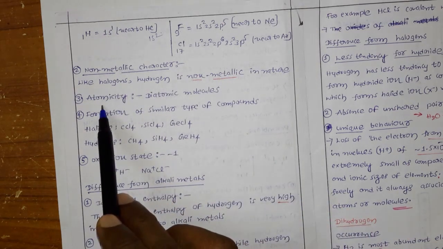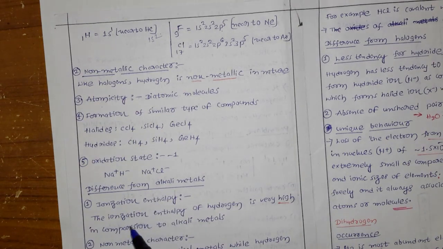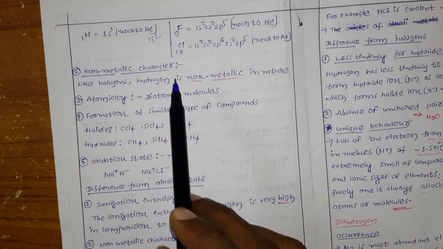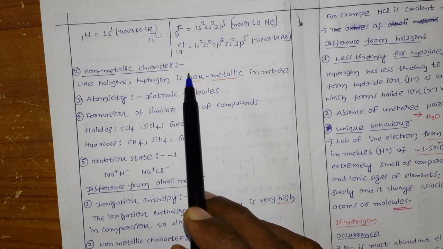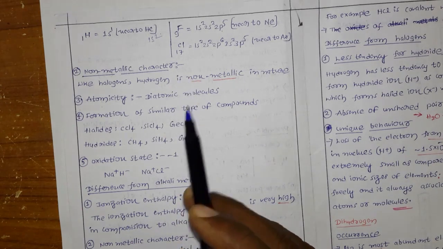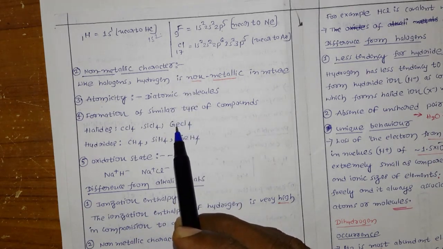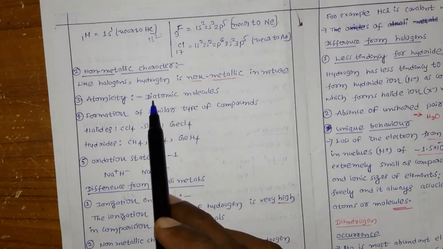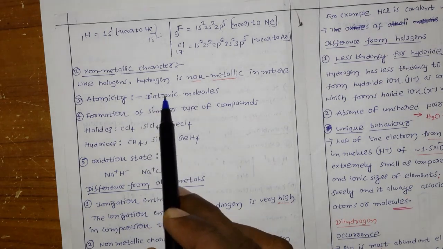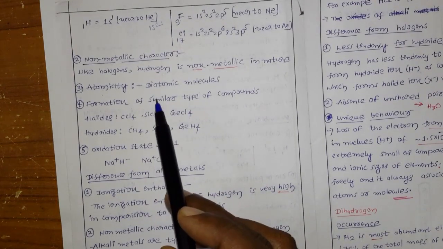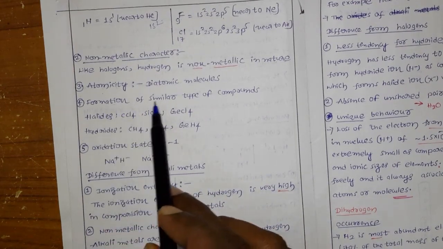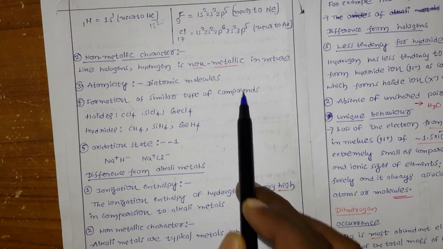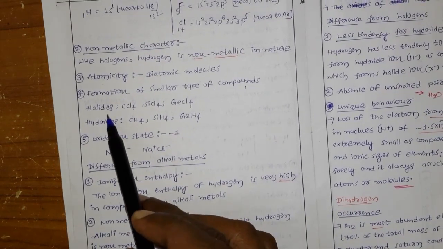Okay, so atomicity means combining capacity. Generally fluorine, chlorine, bromine, iodine are all available in diatomic form: F2, Cl2, Br2, I2, right? Very similar to that, hydrogen is also available in nature in the form of diatomic H2. It is one more resemblance. Next, the formation of similar types of compounds like halides.